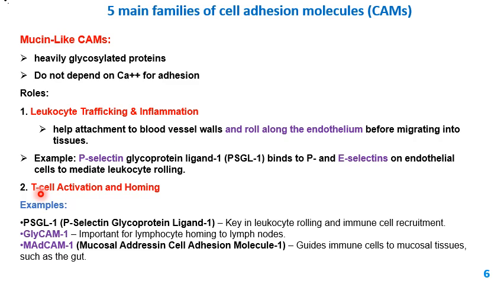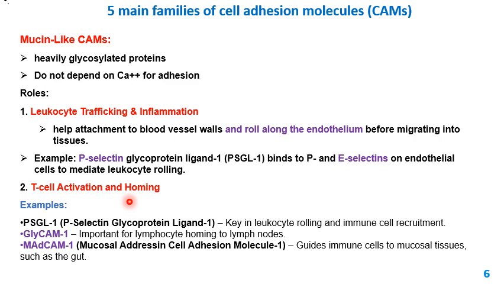Okay. Another function is T-cell activation and homing. Okay. So what that means is that those glycoproteins are also going to allow interaction of leukocytes with each other and adherence, so you can have cell-to-cell signaling.